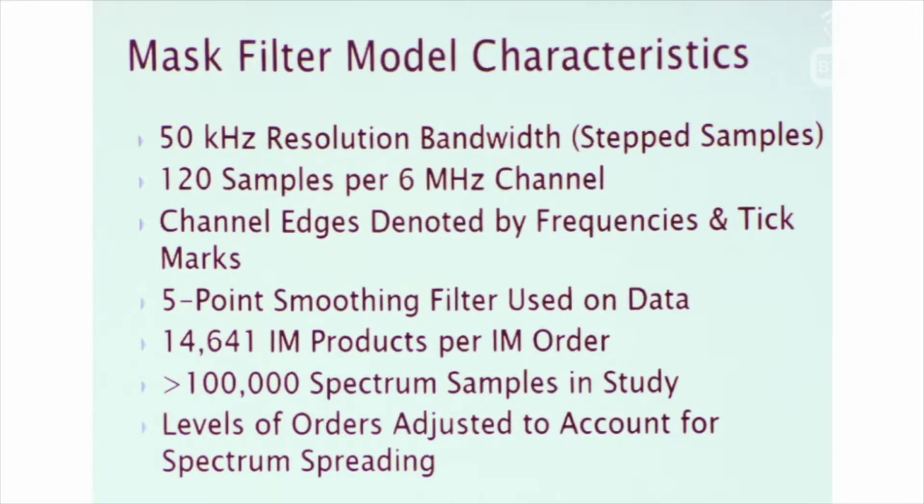So when you look at this whole analysis, there are over 100,000 spectrum samples involved. And in doing this, what I've done is to set up the levels of the intermod product orders based on the spectrum spreading, and I'll explain that as we go along.